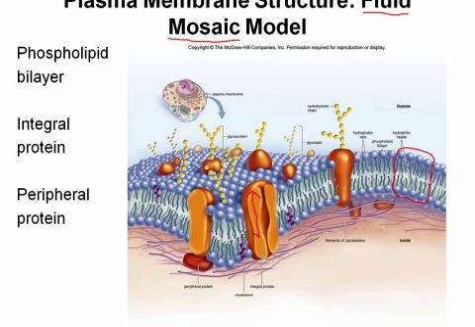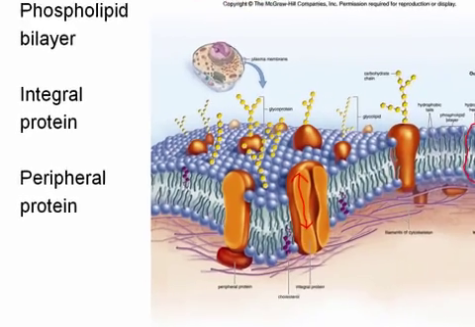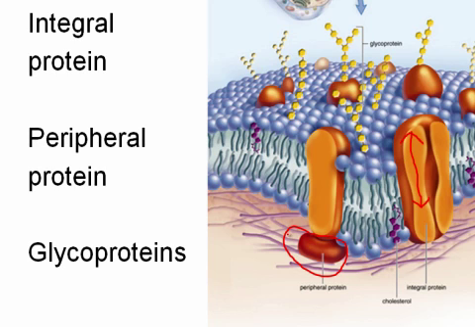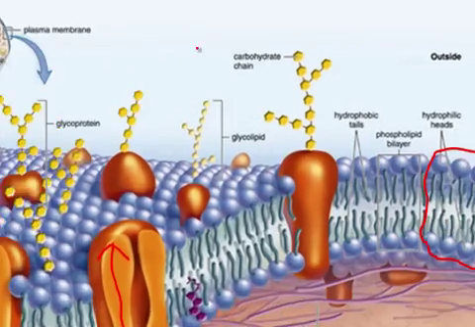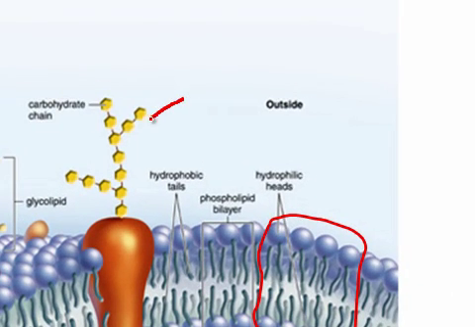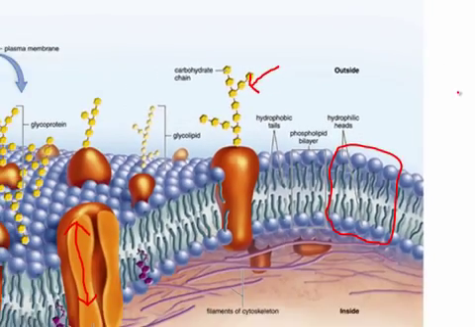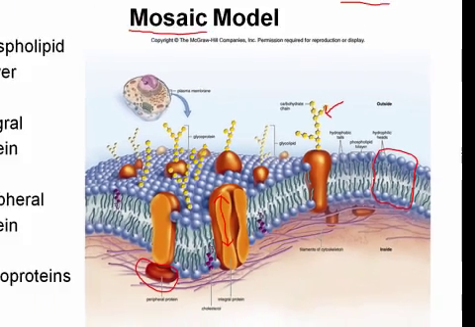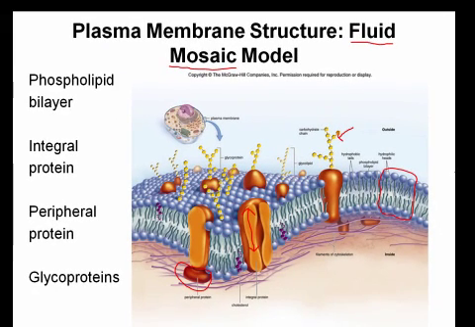There are some others that are peripheral proteins, and these are just associated with one side of the membrane. And there are also some glycoproteins. This is a combination of protein, but it has some sugars added to the outside. So the little yellow trees that you see represented in this diagram are either glycoproteins or in some cases glycolipids, where there are lipids added to these molecules as well.